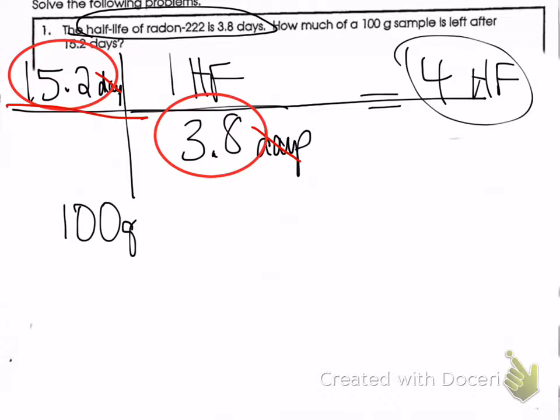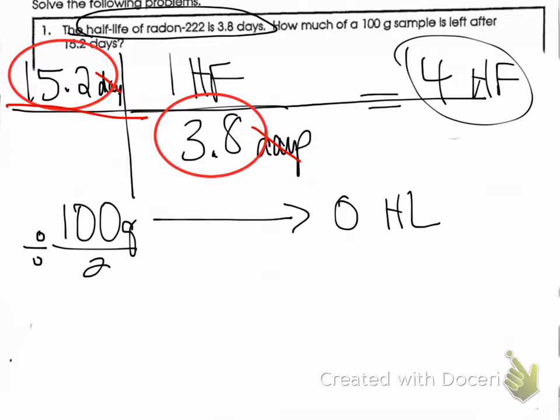So let's start off. At 100 grams, the beginning of this sample giving up radiation, we are at 0 half-lives. Why am I writing F? It should be an L. Half-lives. So the first time you divide it by 2, you get 50, and that is technically your first half-life.